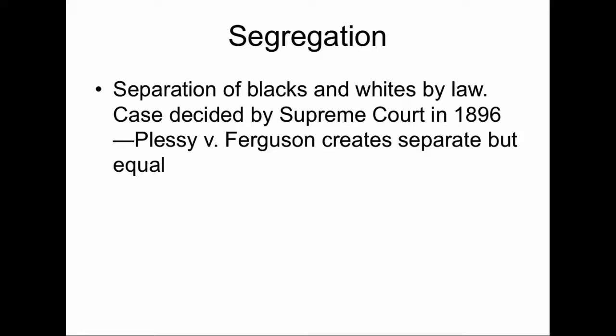And so for the next 60 years or so, that's basically how we go about doing segregation in America as a legal principle. So the Supreme Court basically gives legality to the idea of being able to separate people by race.